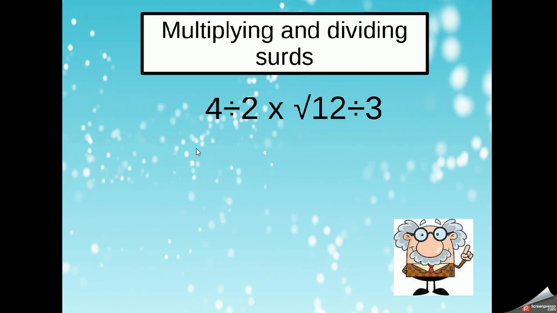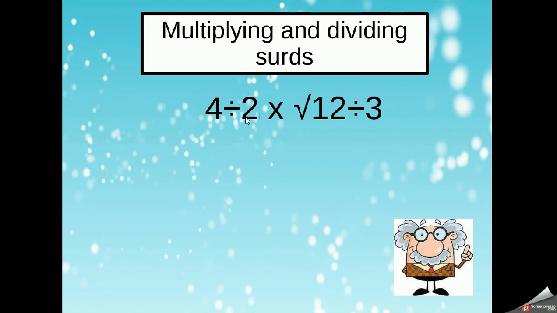So whereas with the multiplications we just shuffled them around whichever way we wanted to, in this case we divide the first number by the second number, the numbers in front of the roots, and then we divide the first root by the second root.